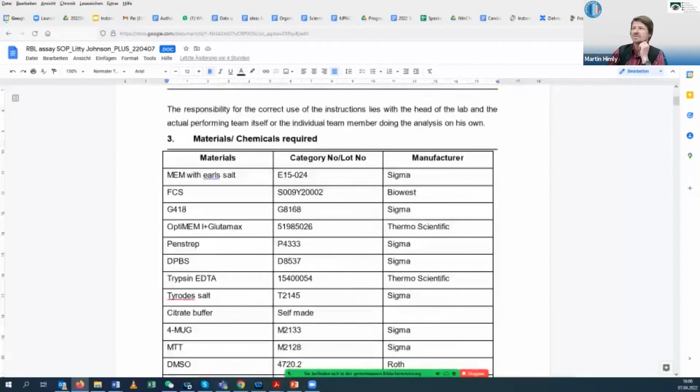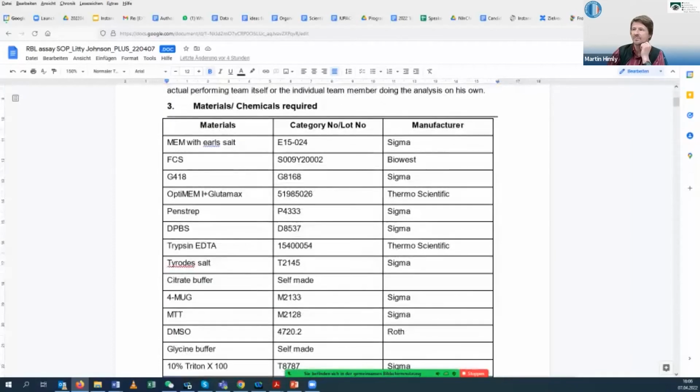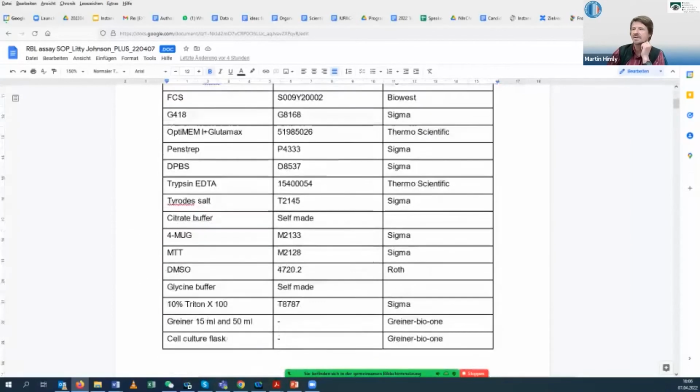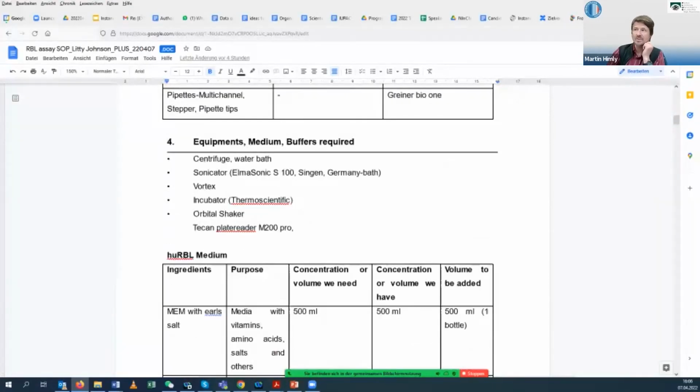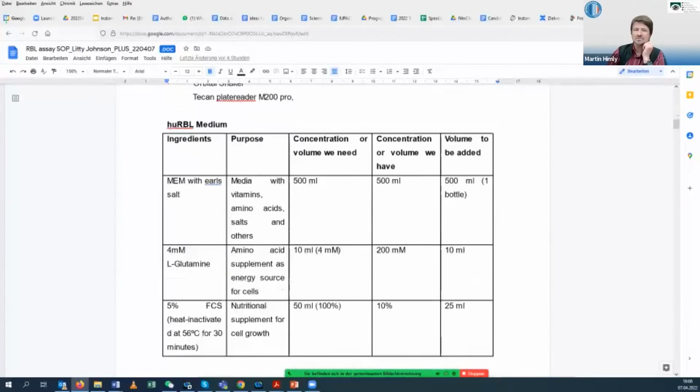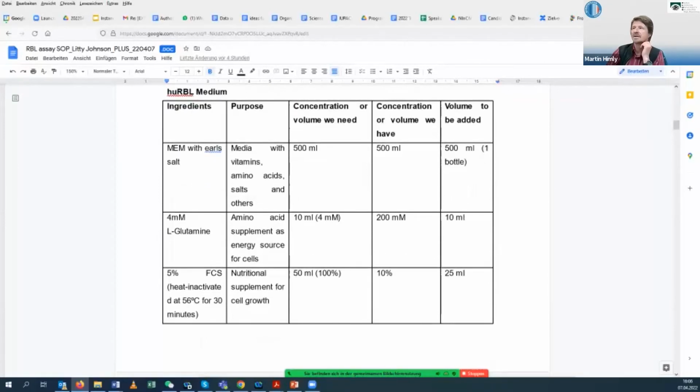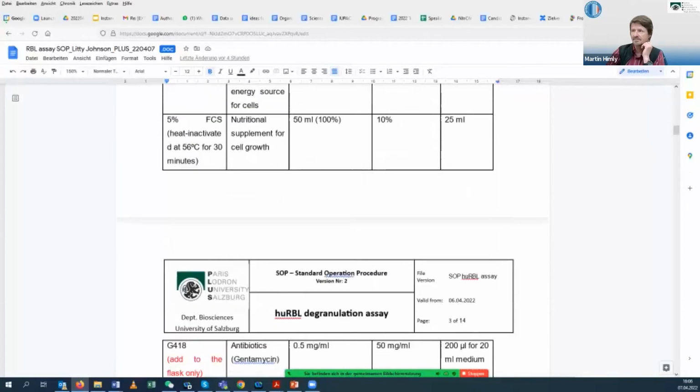It clarifies responsibilities, gives an overview with really exact numbers on the materials that are required and need to be used, and also on the equipment required. Then it gives safety information for the materials, and what you need to prepare.